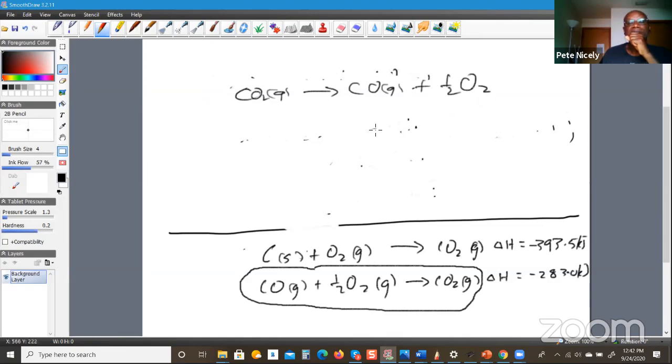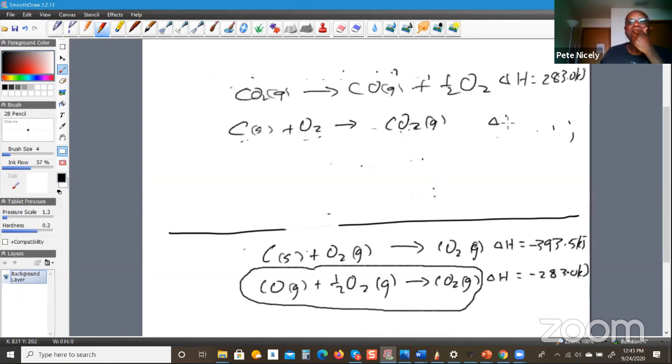All right. And then delta H for this, therefore, would be equal to plus 283.0 kilojoules. All right. And then for the other equation, I'm going to rewrite it as it is, plus O2 to give CO2 gas.